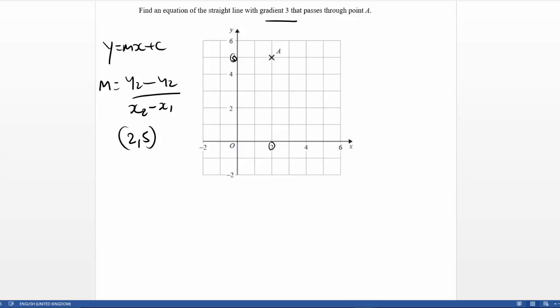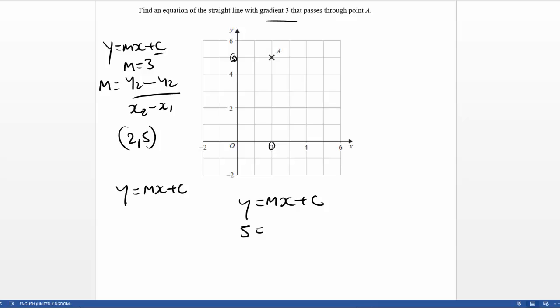In order to find out what the intercept is, which is c, I'm going to write this out here, y equals mx plus c. I'm going to use these coordinates 2 and 5 and I'm going to replace them. And I'm also going to replace m, which is your gradient of 3. Let me just write here for those who don't know, m equals 3. So let's do that now. Y is 5.